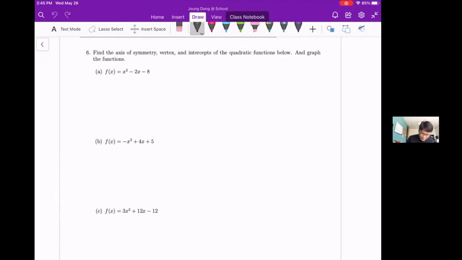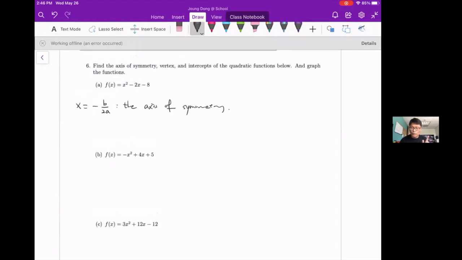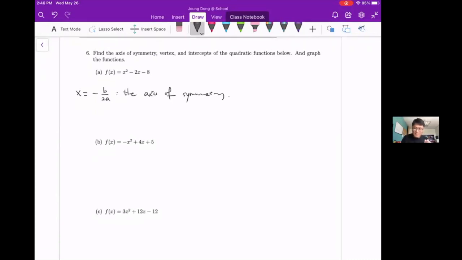Here we go. x is equal to minus b over 2a. Actually, this is the axis of symmetry, okay? Do you know where this came from? It came from the quadratic formula.